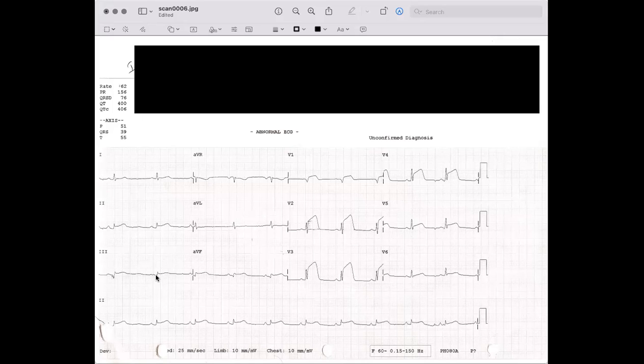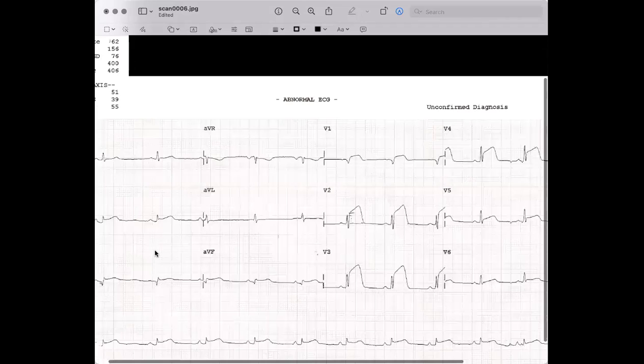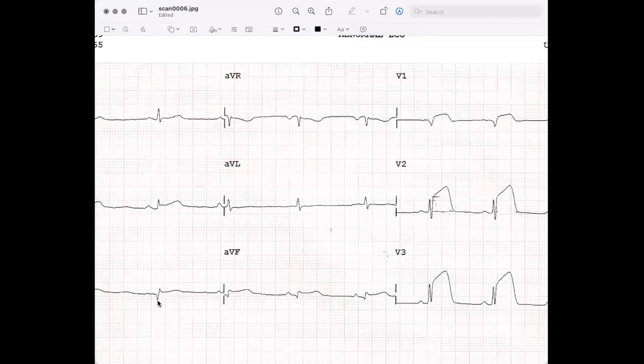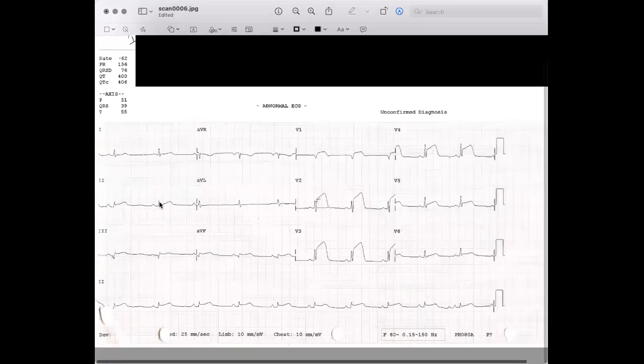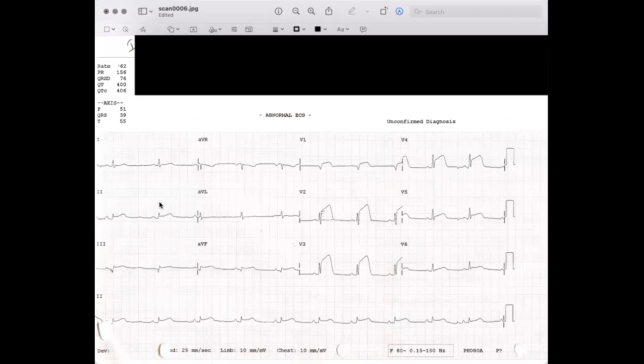If you go closer, look here. You start from here, 1, about 1.5 or 2. So it's about 80 milliseconds. So that's narrow, right? Excellent.